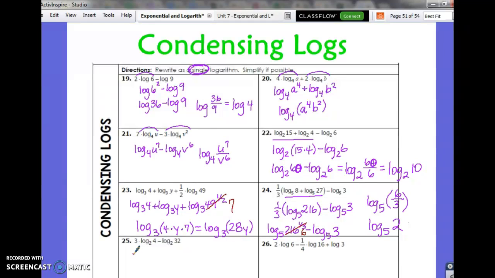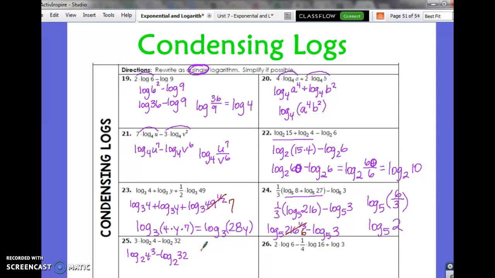And then just to continue on, I'll move that 3 around to the back. So log base 2 of 4 cubed minus log base 2 of 32. You've got 2 logs that you're going to condense using the quotient rule, since those 2 logs are being subtracted.